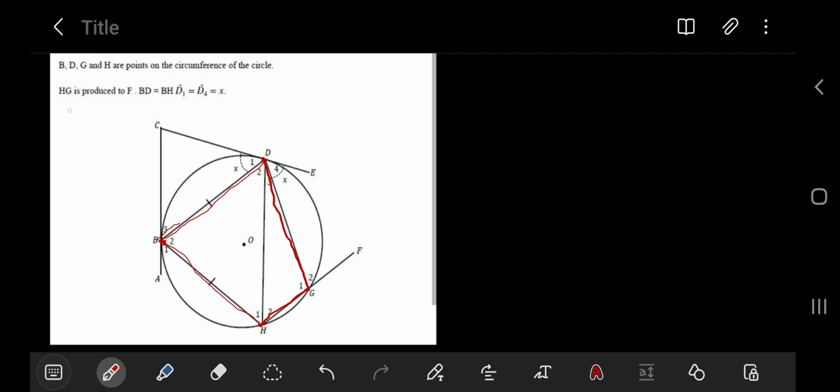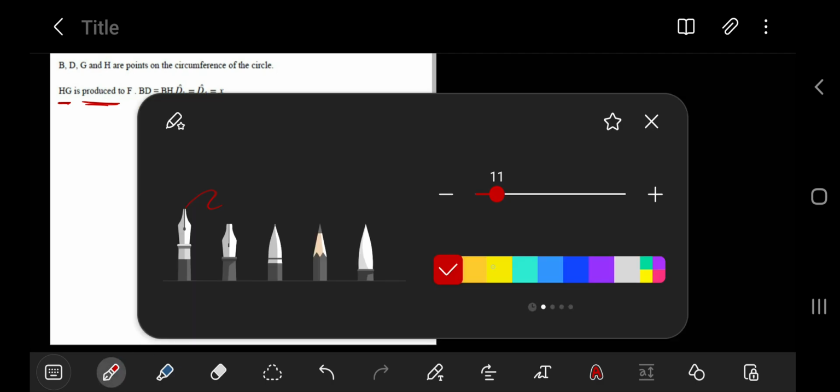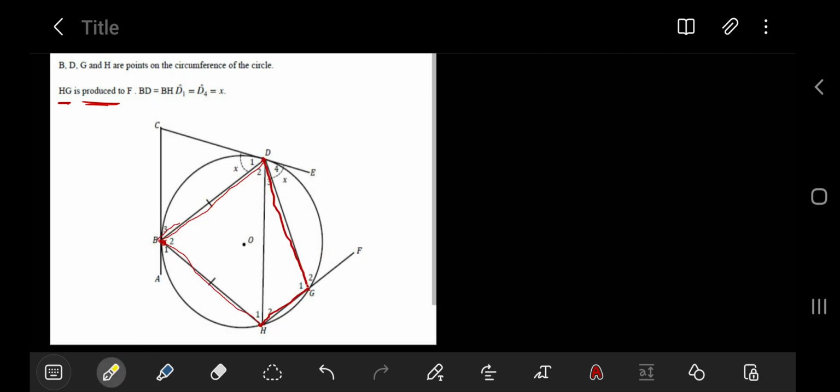So they say HG is produced to F, right? So there is a line which is produced. And you can see that HG is one of the sides of the cyclic quad. So it means HG is continued to F. So this HG has been produced to F. So it's a continuation.